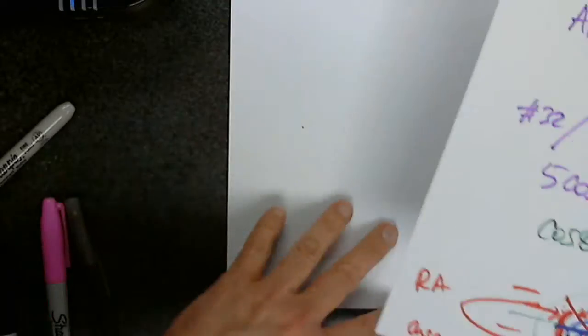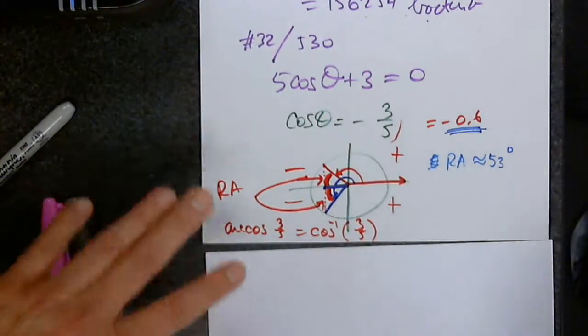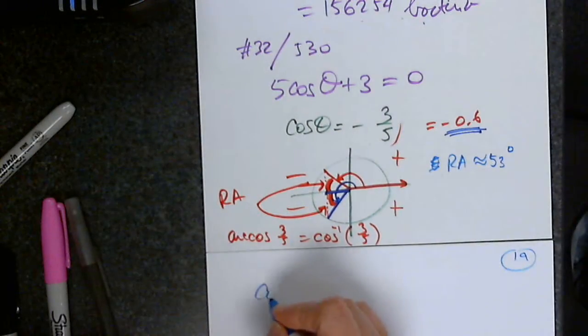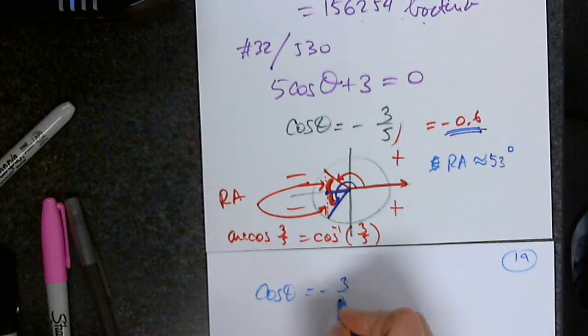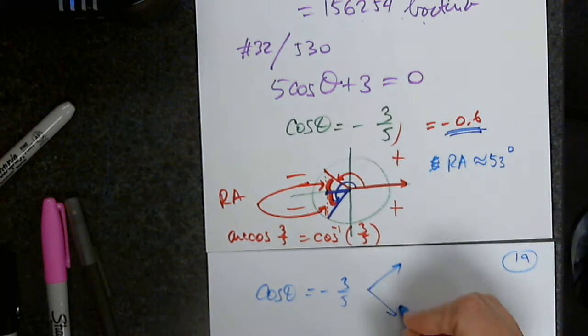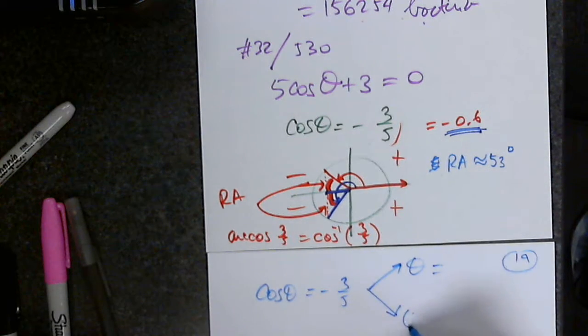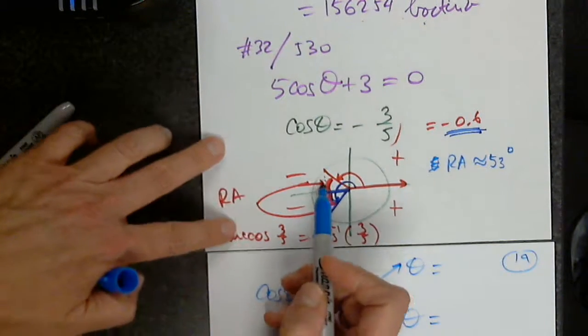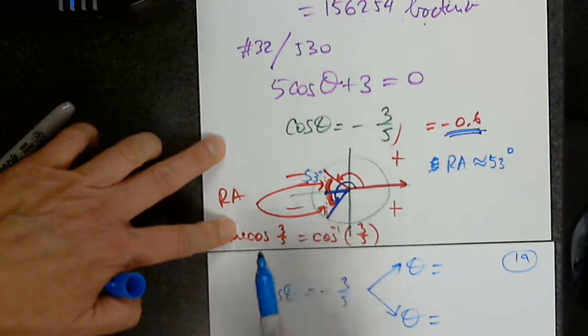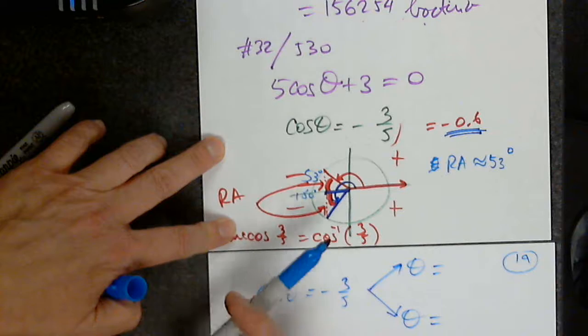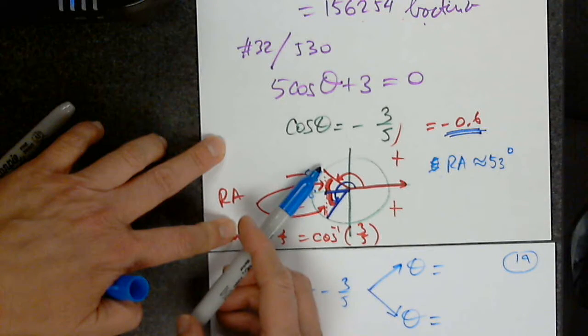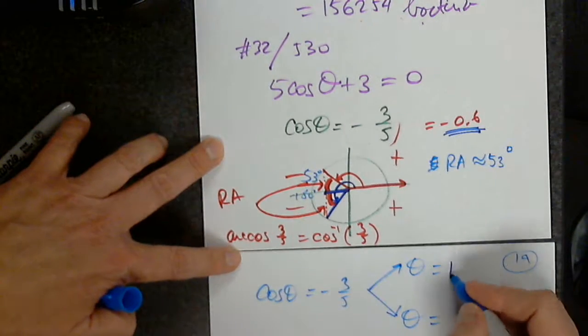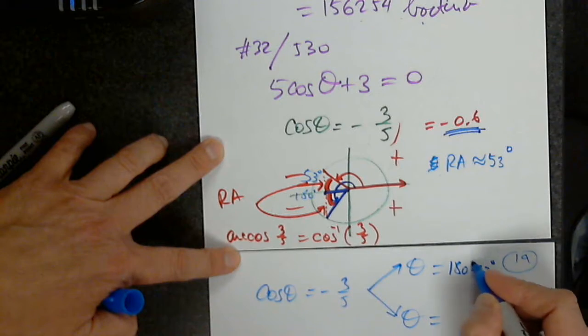So then I solve the equation. Cosine theta equals negative 3/5 results in two angles. If the reference angle is 53 degrees and this is 180 degrees, it's going to be 180 minus 53, one option. I'm going to write it here, 180 minus 53 degrees.